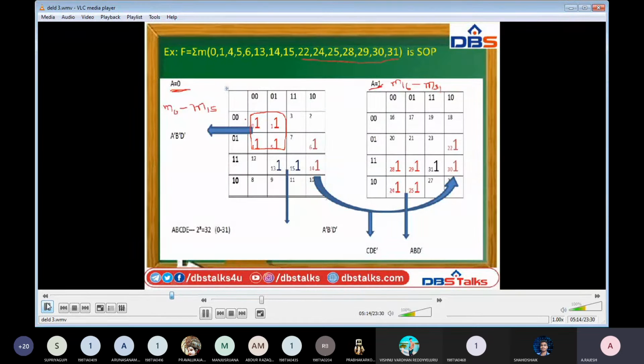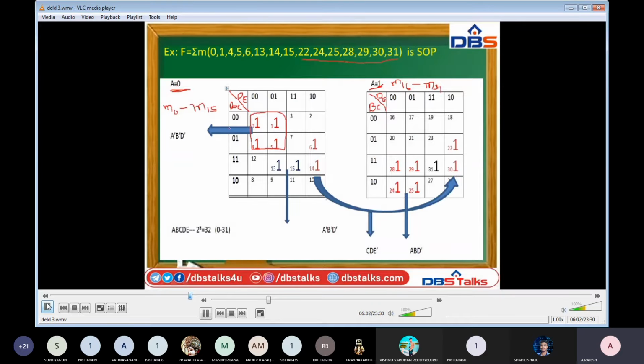The columns are labelled B, C and D, E, as they have given us 5 letters: A, B, C, D and E. In this block, A complement is common.